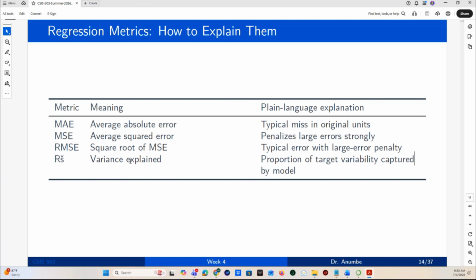And then there is the R squared, the proportion of target variability captured by the model. If you look at the differences between the various values, you can essentially figure a lot of that out with your variance. So again, these are different ways of interpreting the error that occurs.